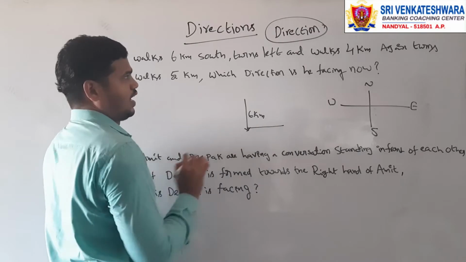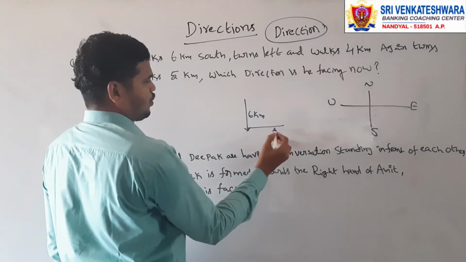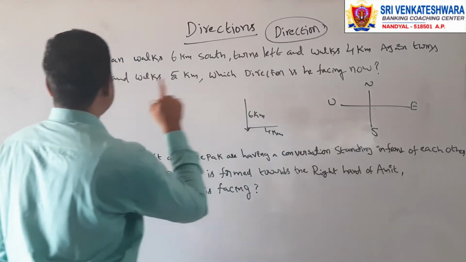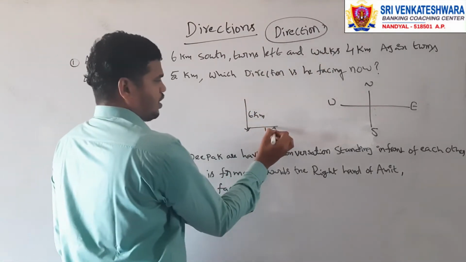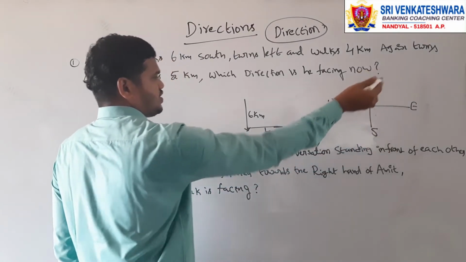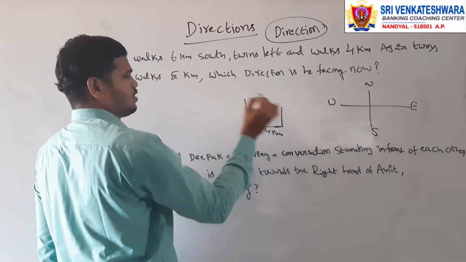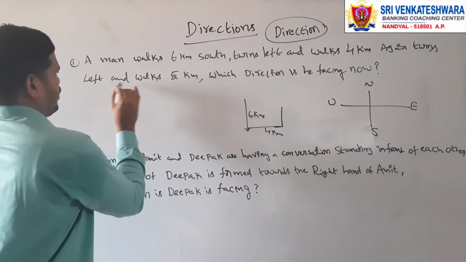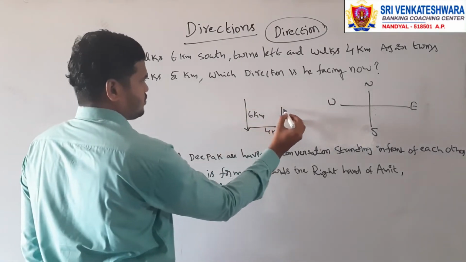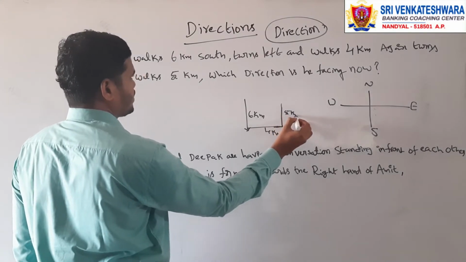He turns left and walks 4 kilometers. Again turns left, up to this one, in this direction, towards the east. And walks 5 kilometers.